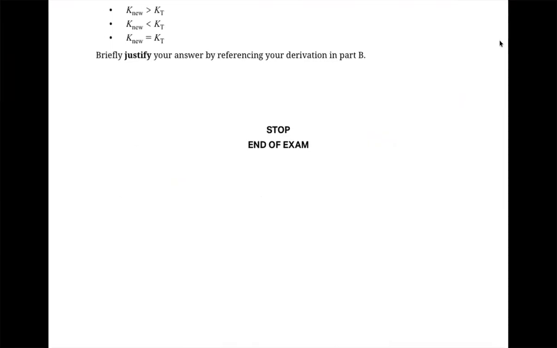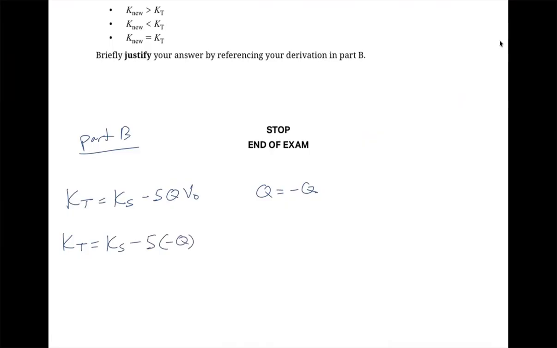Okay. So in part B, our expression was K sub T is equal to the initial kinetic energy minus 5 QV naught. But in this particular case, our charge is actually going to become negatively charged. So that should be Ks minus 5 times negative Q V naught.